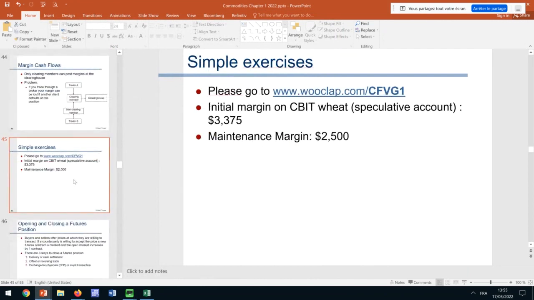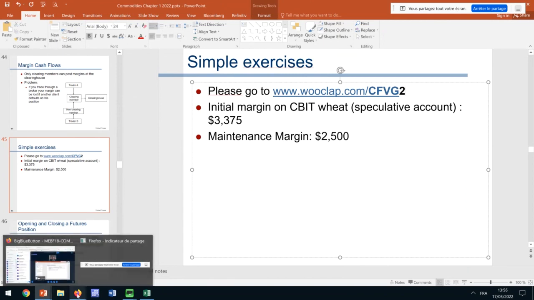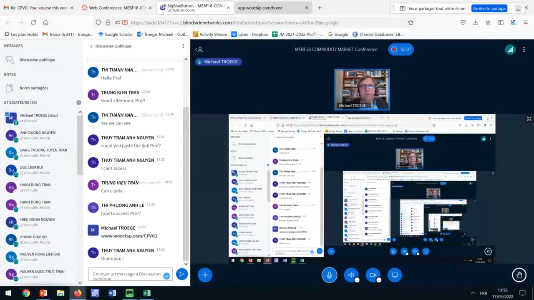Okay. Now, I think I have a little margin calculation example as well. Shall we go back to VooClub? I think we have to. It needs to be CFVG2. Okay, so let's try the margin calculations.